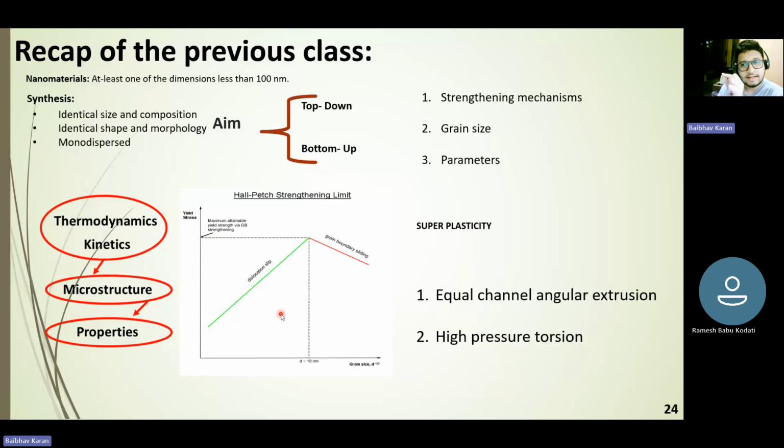The nano grains are in the nano range, that falls in this range. But in the case of micron size material, they fall in this range, greater than 1 micron. So of course the properties will be different in both these cases because the microstructure is changing. I hope I answered the question. Is it fine?